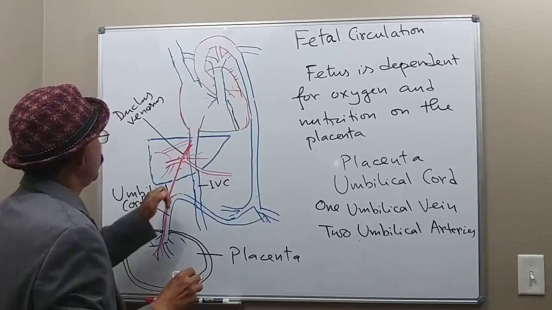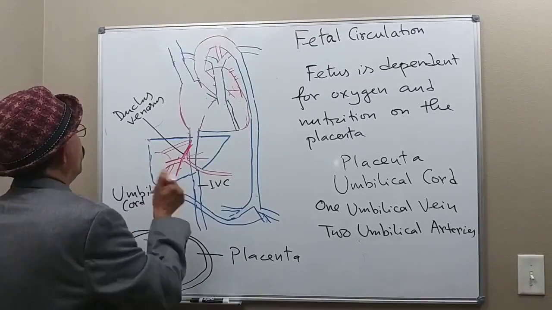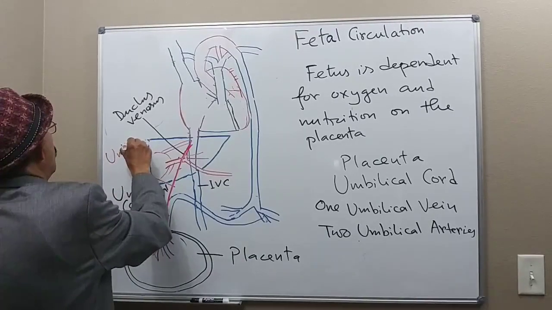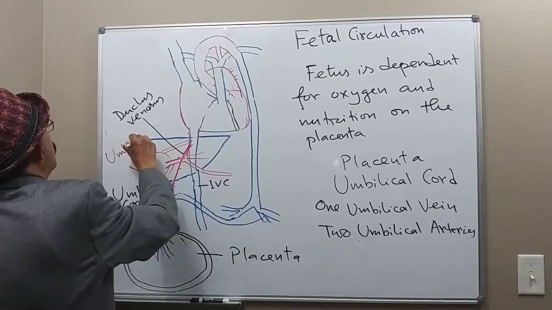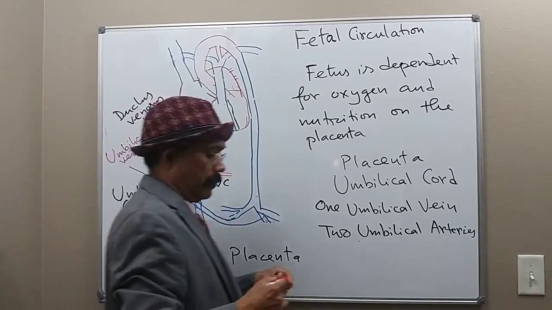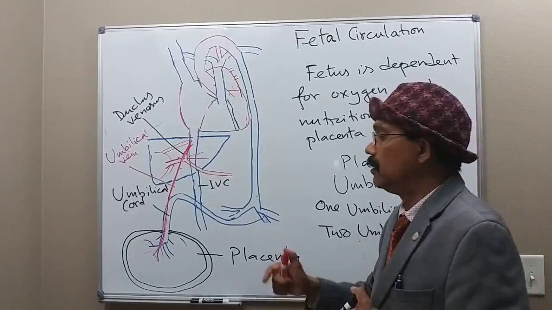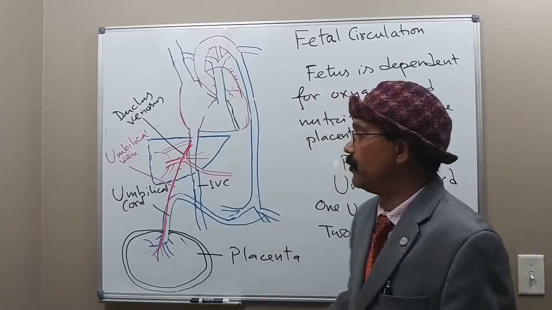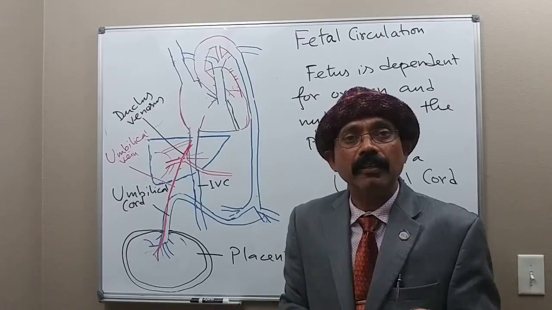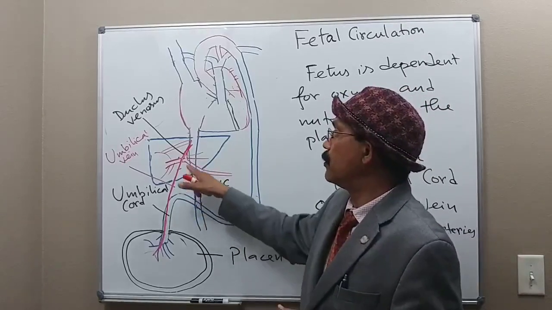And this is the umbilical vein. About half of the blood bypasses the liver via the ductus venosus and enters the inferior vena cava.